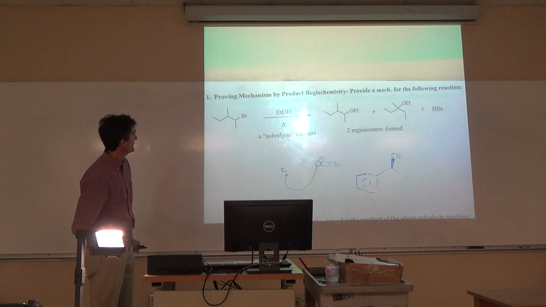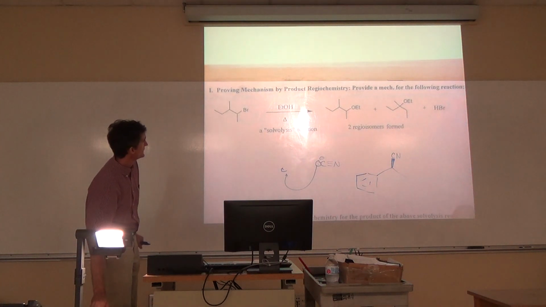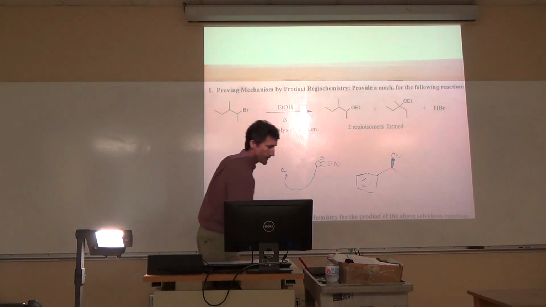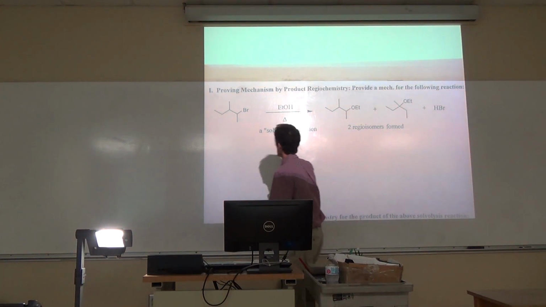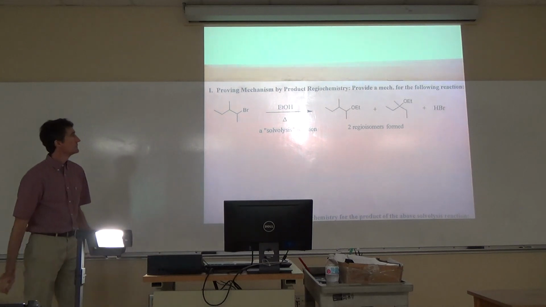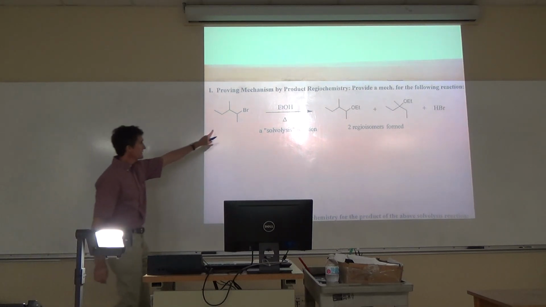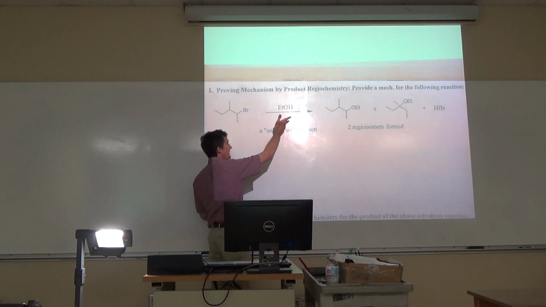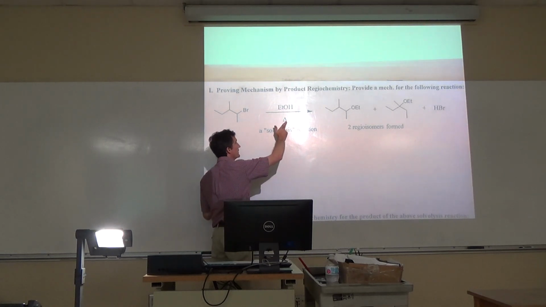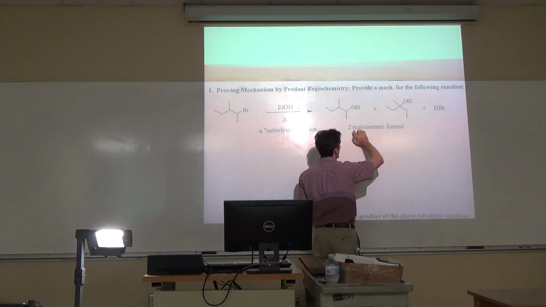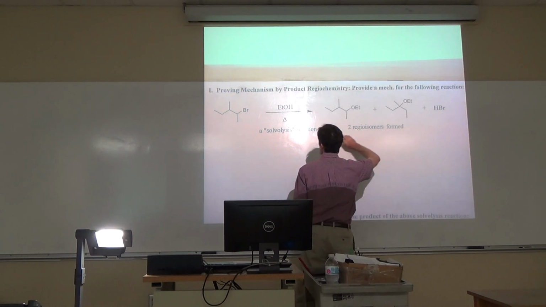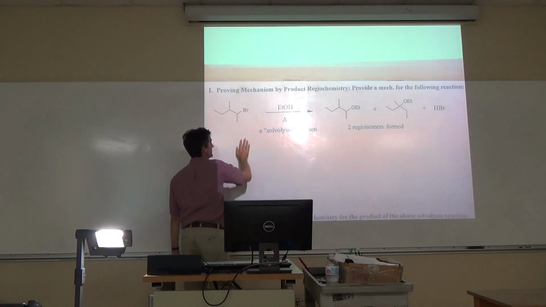Okay, proving mechanism by regiochemistry. Let's look at this mechanism. If you take this compound and heat it with ethanol, we can get a reaction. I'm showing regioisomers, two different constitutional isomers, and I'm showing HBr being formed. That's the fate of one of the H's in the leaving group.